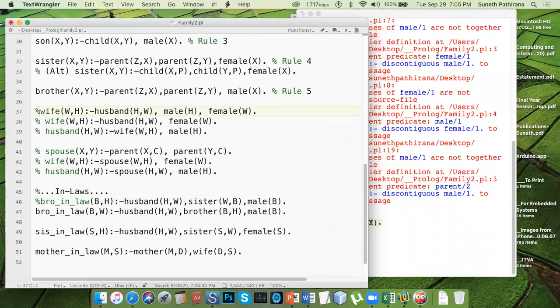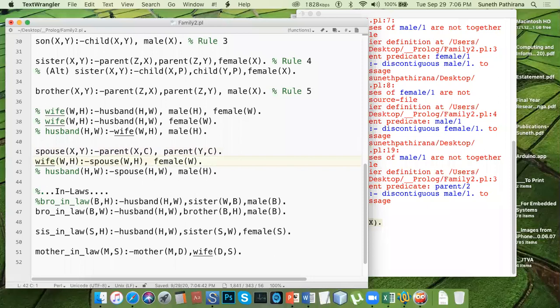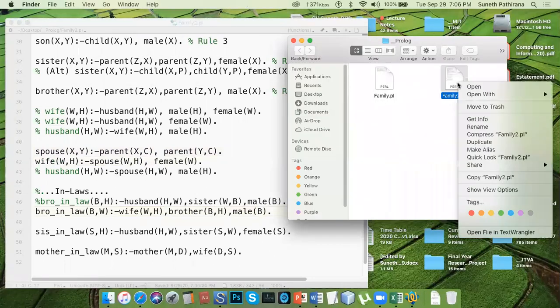So it's very hard to imagine what's going on here. So we use this one. Husband relationship we have already defined, I think. Okay.